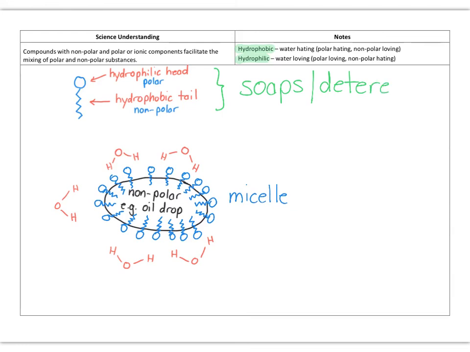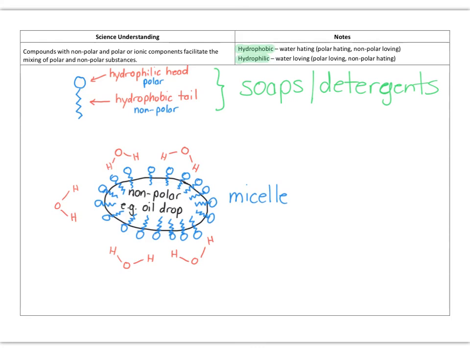I'll try and spell it right. Detergents. So that is what a soap or detergent does. It helps things dissolve. It helps things that wouldn't usually dissolve, like polar and non-polar, to dissolve. Water tends to be the solvent of our lives.